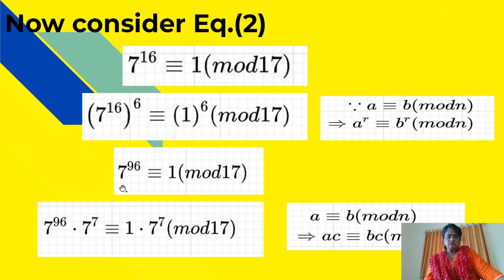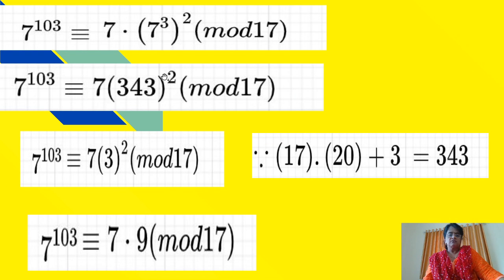From this equation, we can write 7^96 times 7^7 is congruent to 1 times 7^7 mod 17. Because if A is congruent to B mod n, it implies that AC is congruent to BC mod n. Here C is 7^7. Therefore, 7^103 is congruent to 7 times (7^3)^2 mod 17.